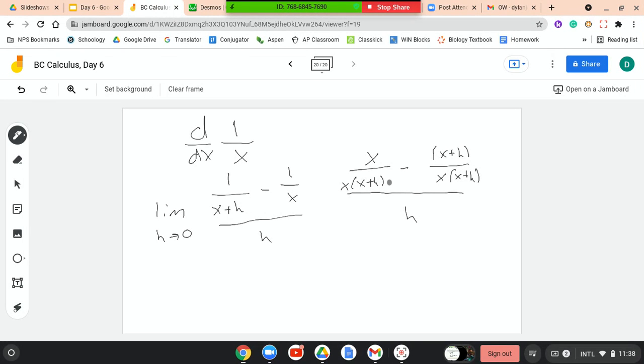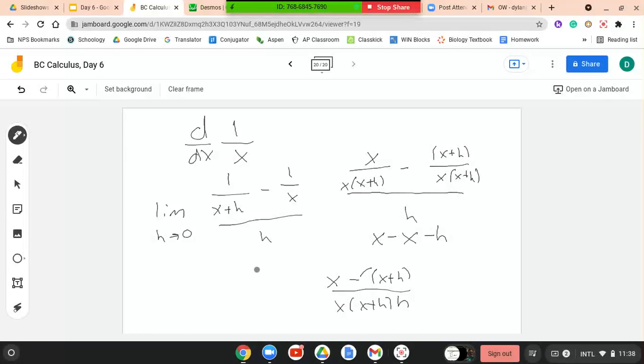Cool. We have a common denominator, so we can combine these fractions. We get x minus x plus h over x times x plus h, divided by h. So if we divide by h, we can add it to our denominator. You agree? Yeah. Cool. So x minus x plus h is going to be negative h, right?